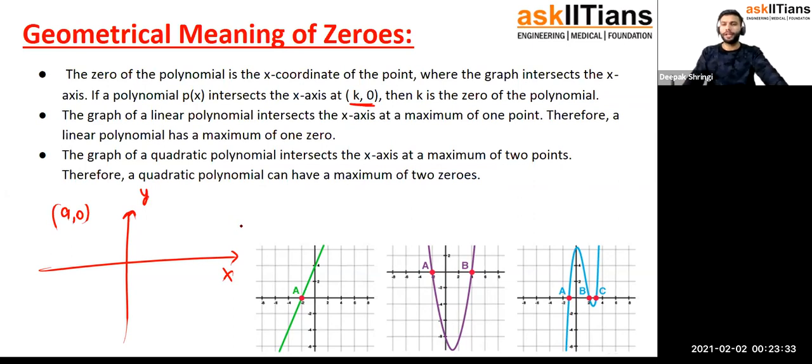Think about it, think about it. Y is 0, right? Is it going to lie over here? No, that's wrong, guys. This point is going to lie on the x-axis. If the y coordinate of a point is 0, it is going to lie on the x-axis, right? Okay, so the point is going to lie on the x-axis.